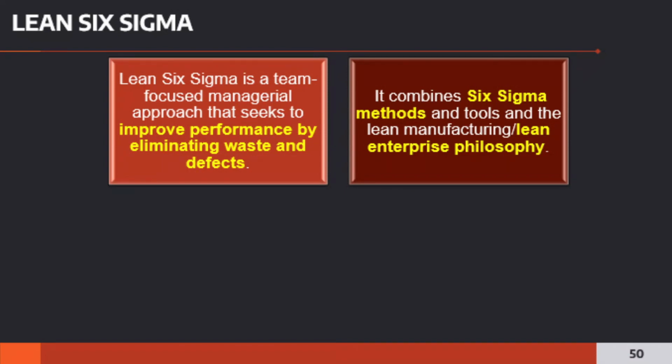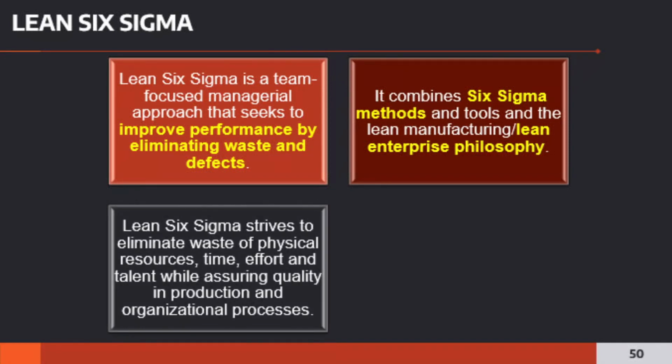It combines the 6 sigma methods and the tools that lean manufacturing makes use of, what we call the lean enterprise philosophy. Lean 6 sigma strives to eliminate waste of physical resources, time, effort, and talent while assuring quality in production and organizational processes. So eliminate the waste of physical resources, waste of time, waste of effort, waste of talent.